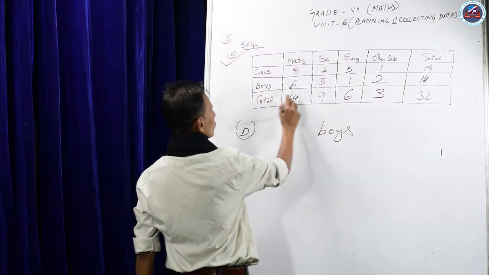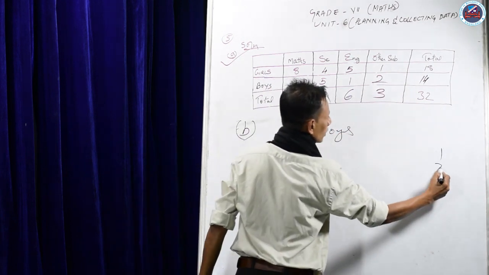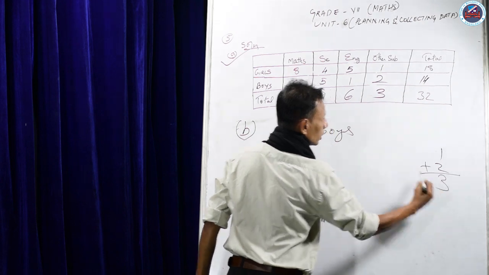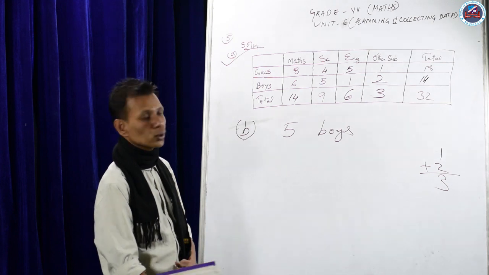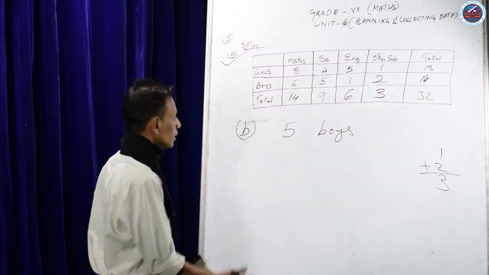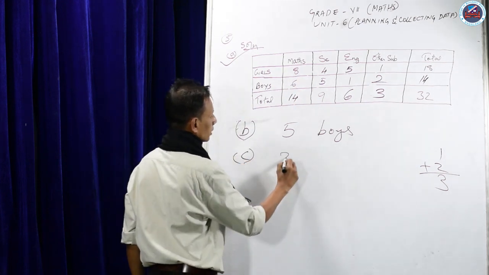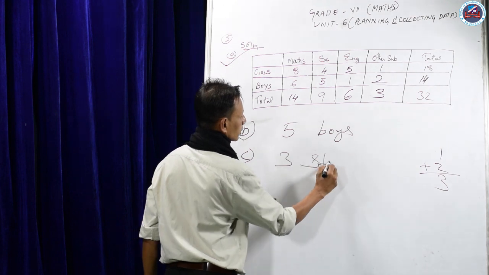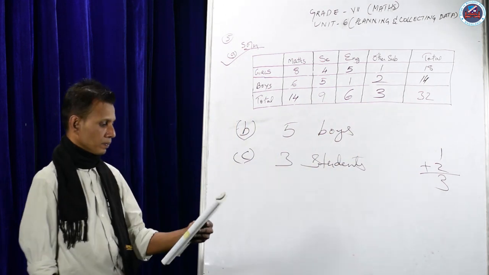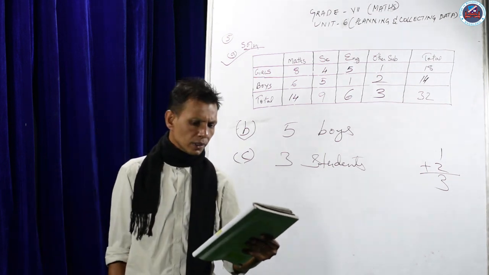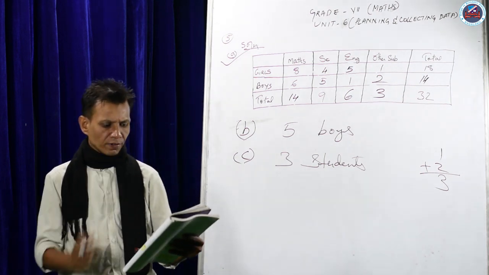And how many boys choose other subject? 2. Then the total will be 3 students who have chosen other subject. That is your C answer. 3 students. Done. You're done with question number 5.